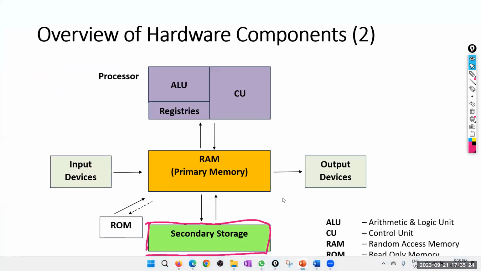Therefore, we use secondary storage to store data and programs. Your operating system itself is a program, system software. Your Photoshop, your Python compilers, Office packages, your browser software, those are all programs.